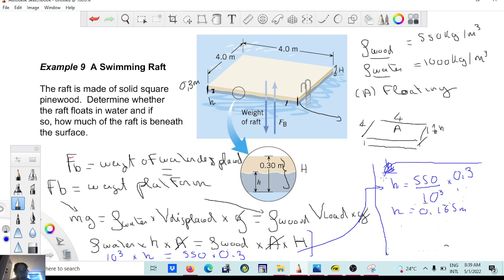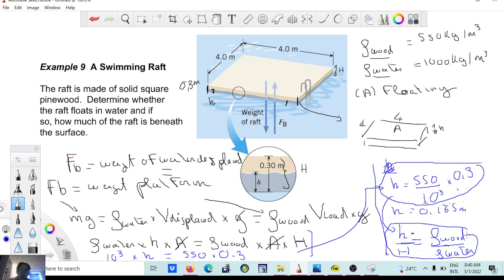But I want to look at that equation here, what it means. You see, you still have a ratio between the densities, but here you have a height. Before we had the force, right? So the small h divided by the big H, so h divided by 0.3, equals the ratio between the density of wood divided by the density of the water.